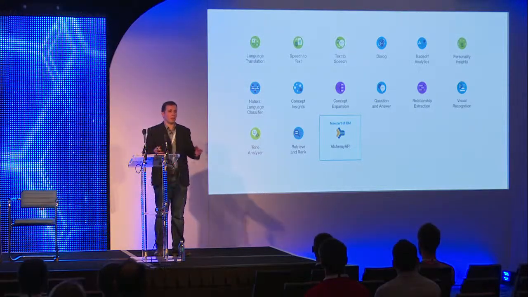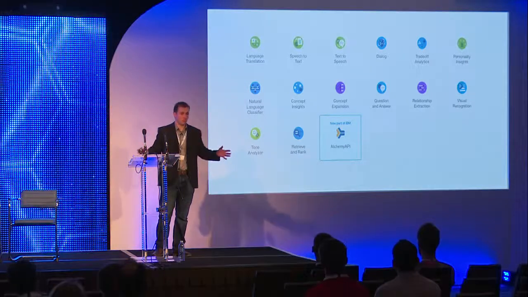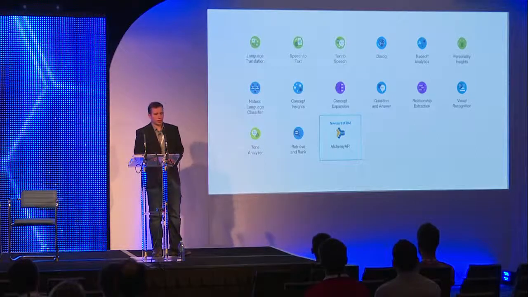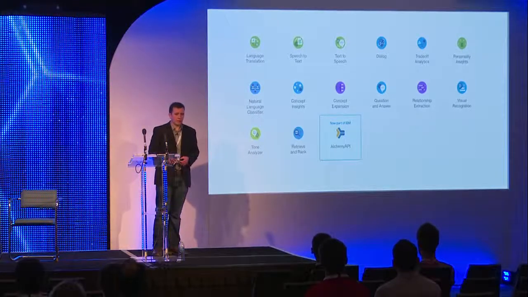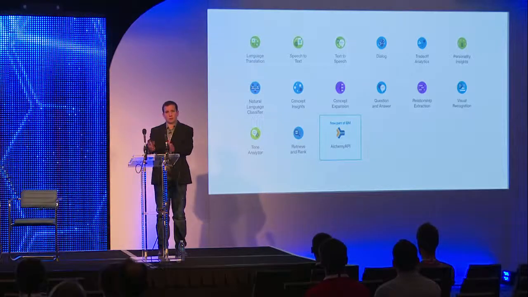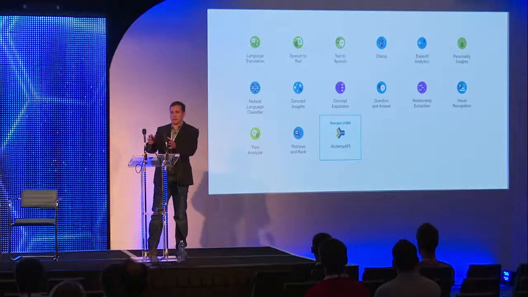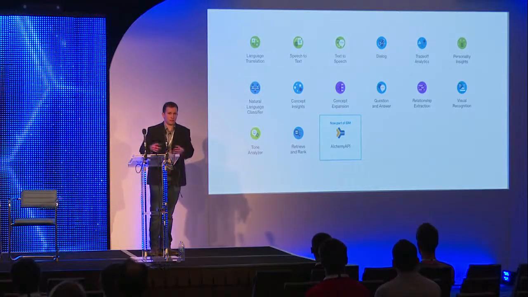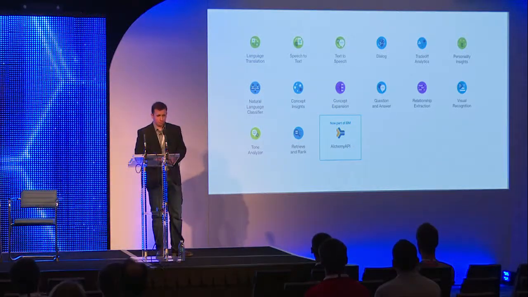And once you have the underlying concepts, you can do broader searches of information than you would be able to do with just a keyword search or something like that. And you have things like natural language classifier, which lets you take natural language and then relate that to a set of pre-trained classes and texts so that you can work with them after that.